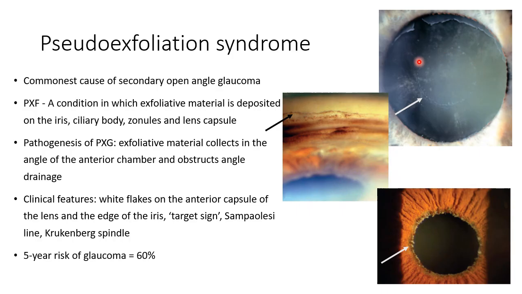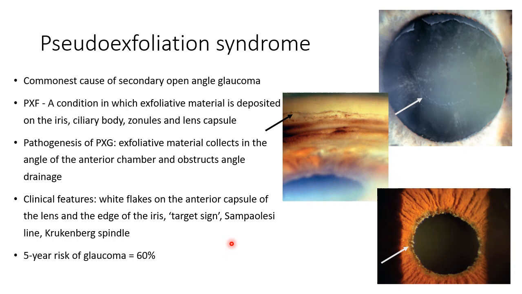But wherever the iris stops, that is in this region and in this region, the pigment, I'm sorry, not the pigment, the amorphous substance deposits in the form of a ring. So this is known as target sign or bullseye sign, right? There is one inner circle, there is one outer circle. Target sign is seen in a number of features. It's just a term used to describe this clinical appearance of a circle within a circle.